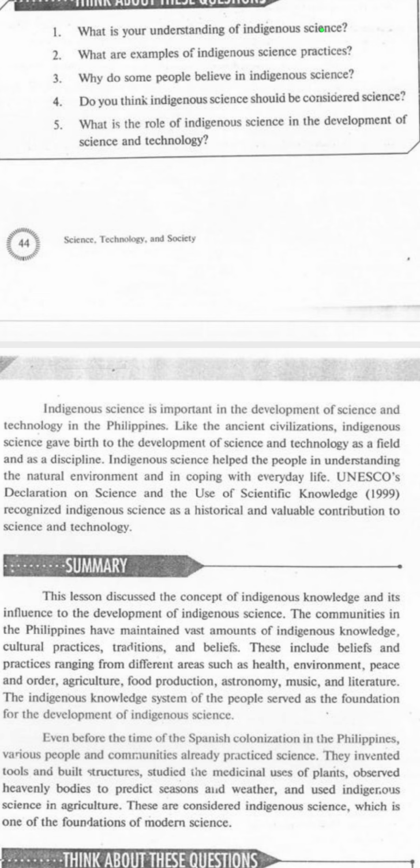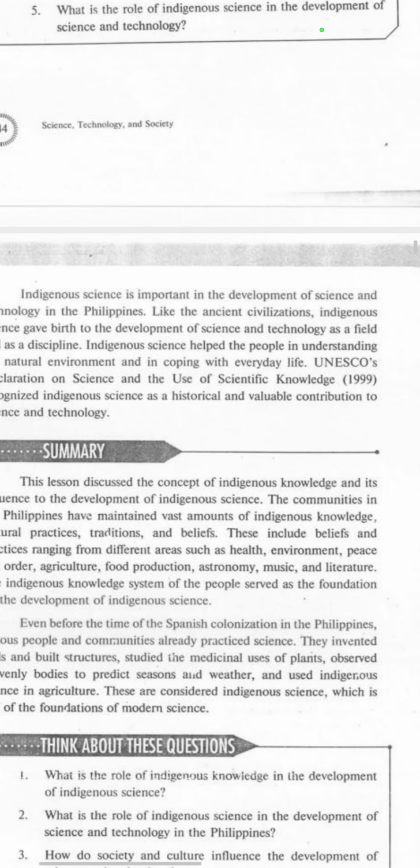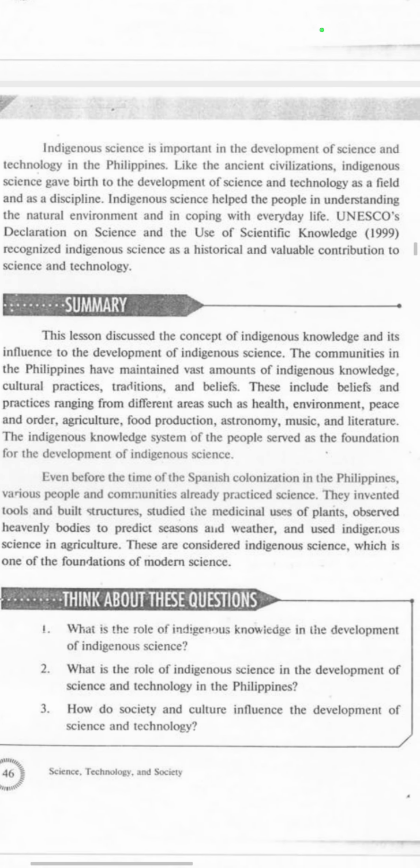We will go back to the history itself. So indigenous science is very important for us to know how our ancestors survived in a certain era. They used indigenous science. And when we say indigenous science, it is a traditional way of culturing the field of science. So I think that's the end of our discussion.